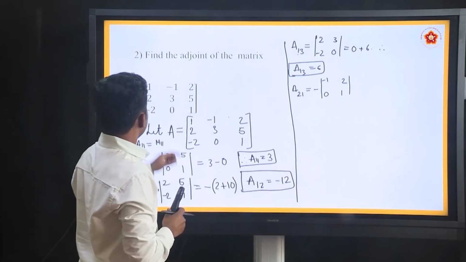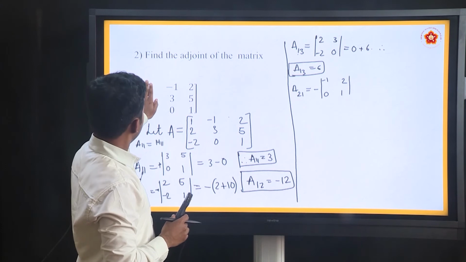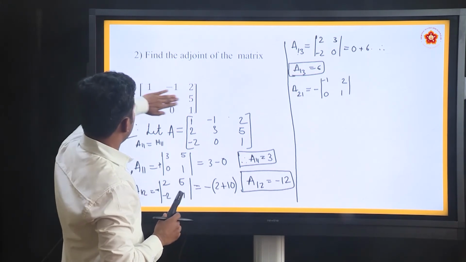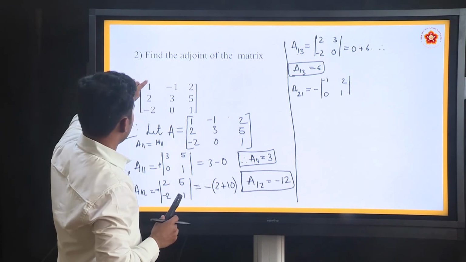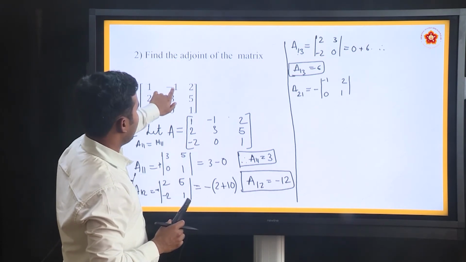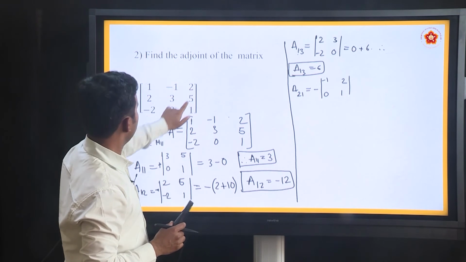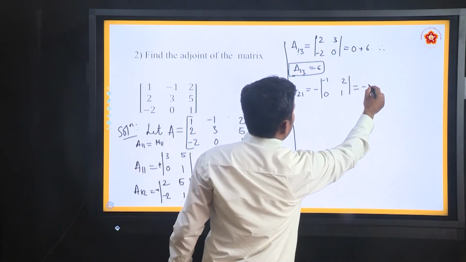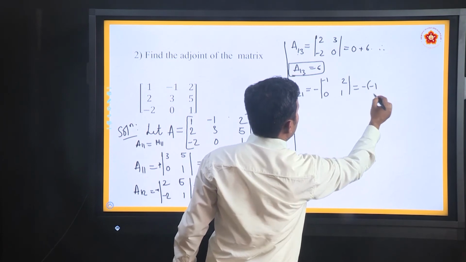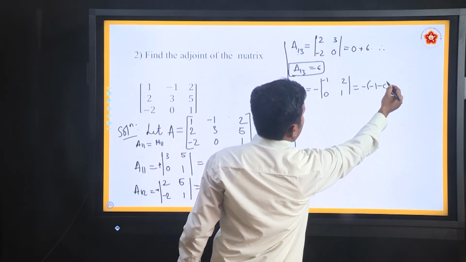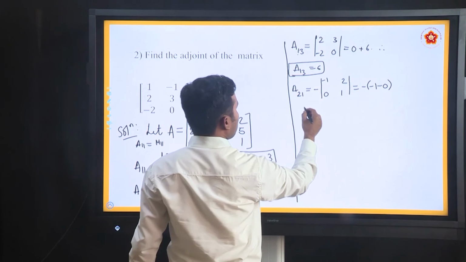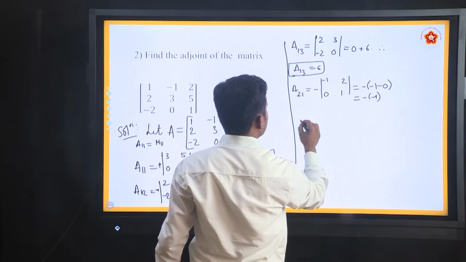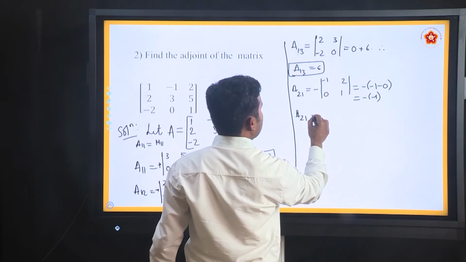Okay. That is minus of, minus 1, 2 into 0 is minus of 0, minus of minus 1. So A21 is 1.